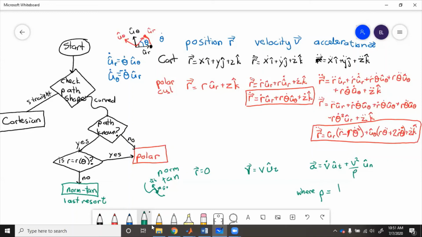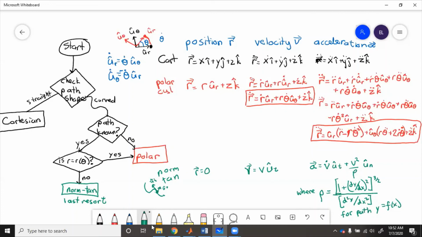Rho is equal to 1 plus dy/dx squared to the 3/2 over d squared y/dx squared for path y equals f of x. So this is why you have to know what the path is.